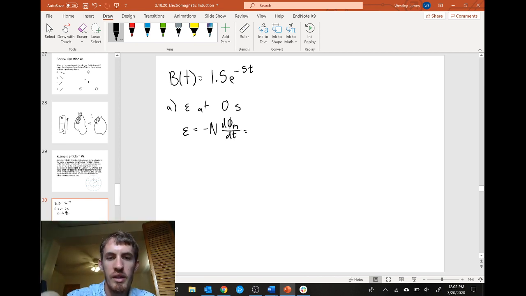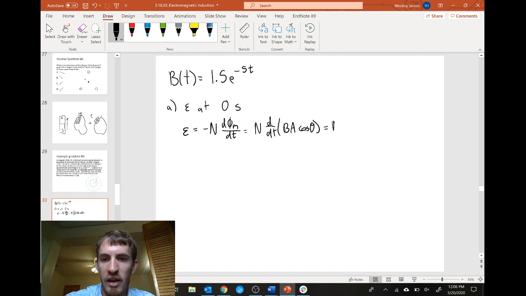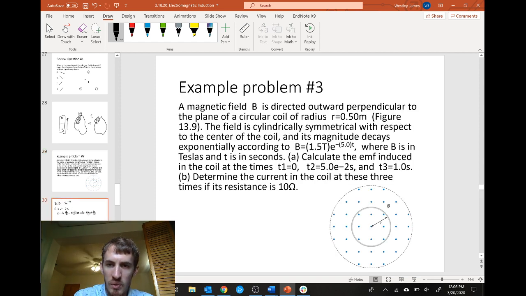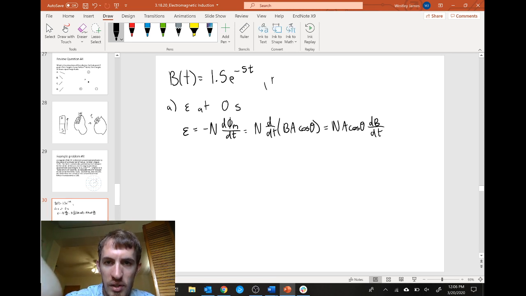So we do the same thing, d/dt of B times A times cosine of theta. Pull out the constants. Our area stays the same, and our angle stays the same. The only thing that is changing is the field. How do we know the field's changing? Well, I have a function that says it changes. And just to write this here, radius equals 0.5 meters.